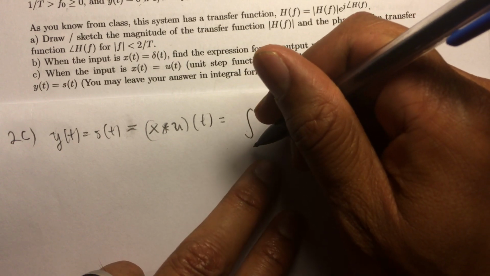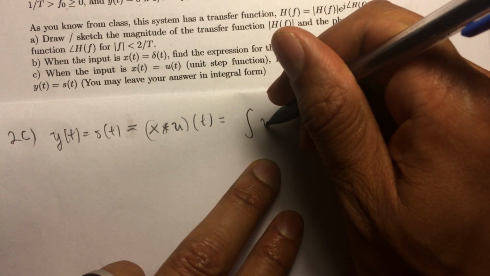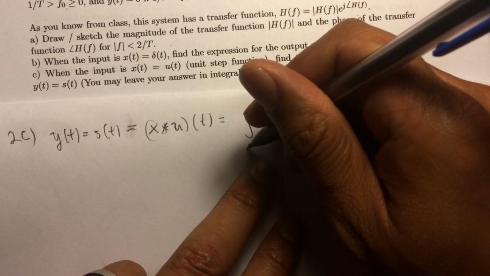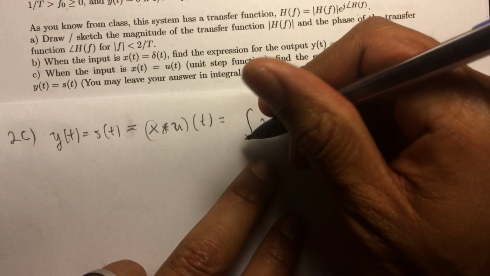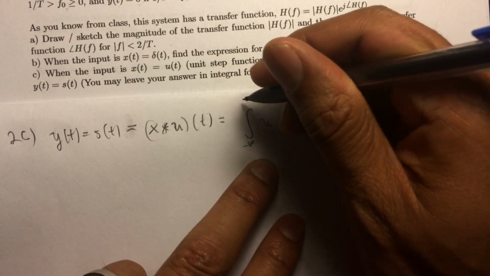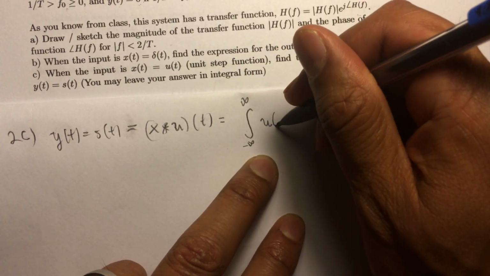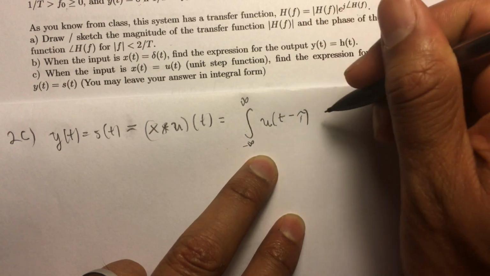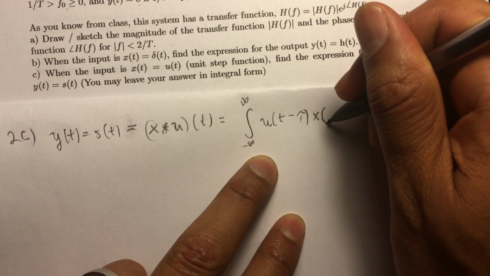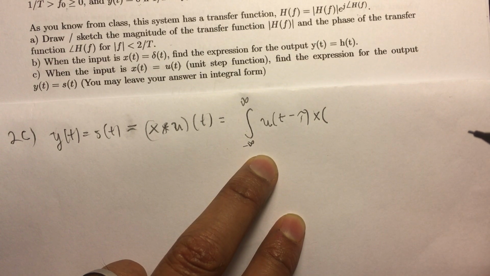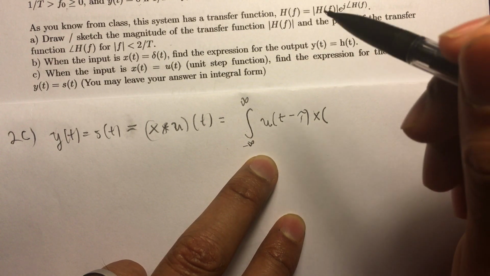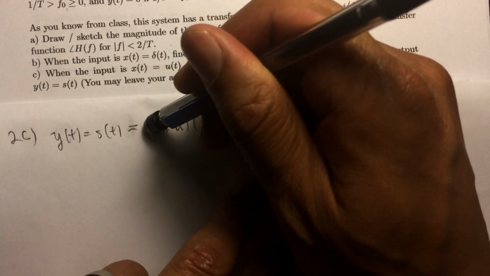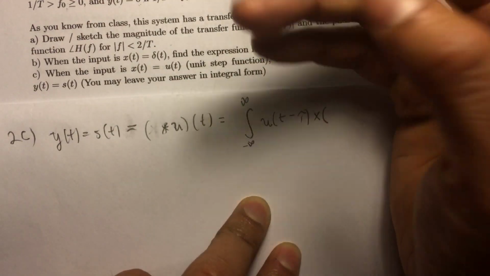So that's going to give us u. We have to define a dummy variable first. Let's call it tau. So u of the output variable minus the dummy variable, x of the dummy variable, which x is obviously h here.